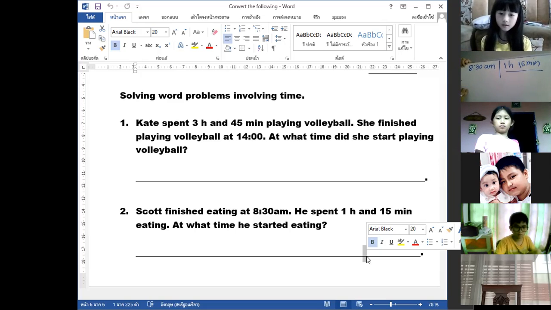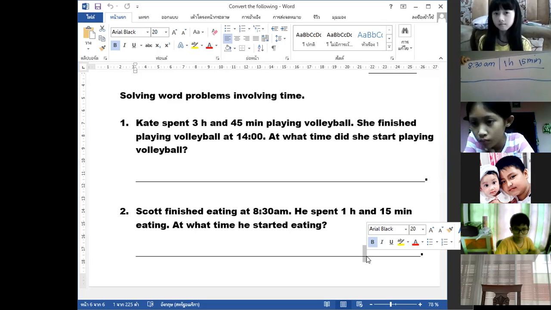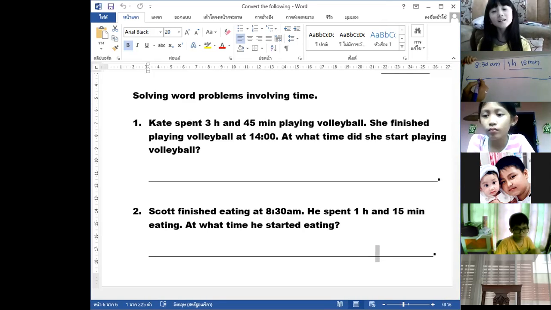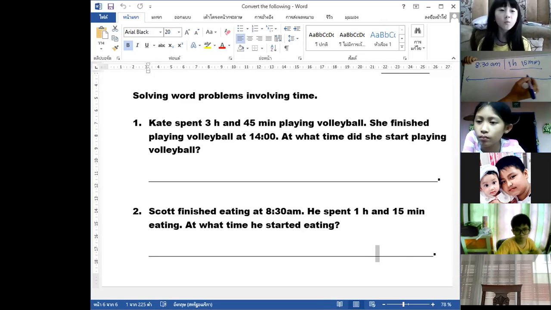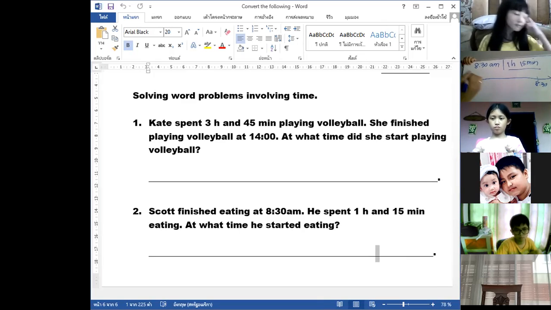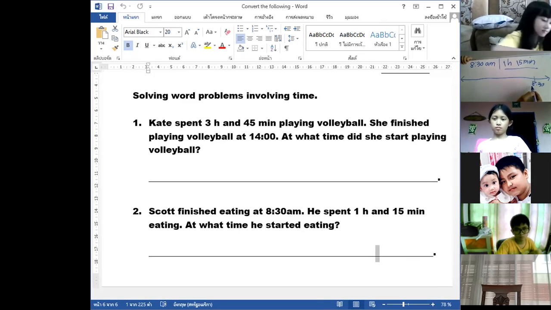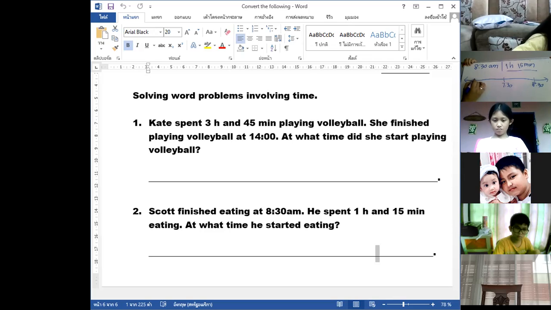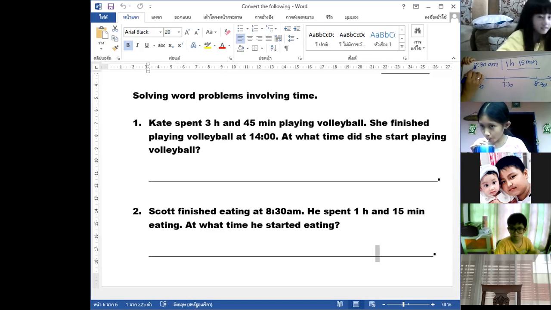All right, so let's make the number line here. Now we will start at 8:30, so we will count backward. Here we have 8:30, here we have 7:30, and here we have 6:30.